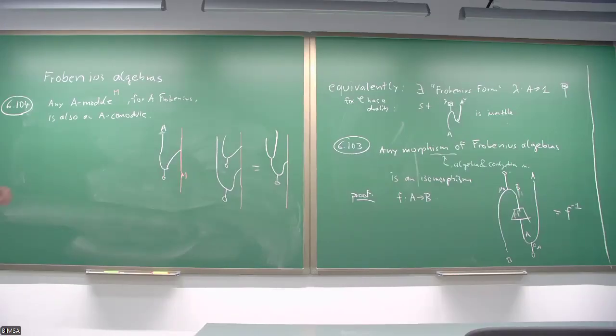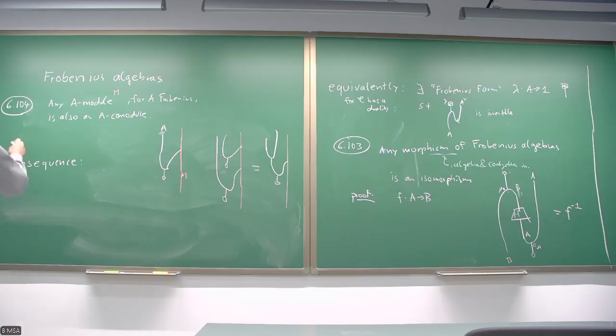A consequence of this is that actually the induction functor in the case of a Frobenius algebra is a two-sided adjoint to the forgetful functor.